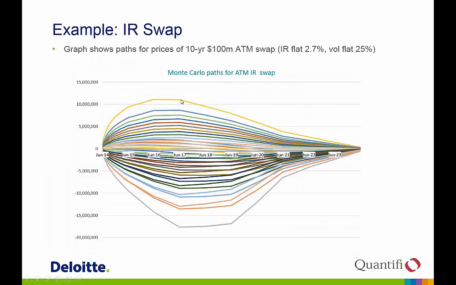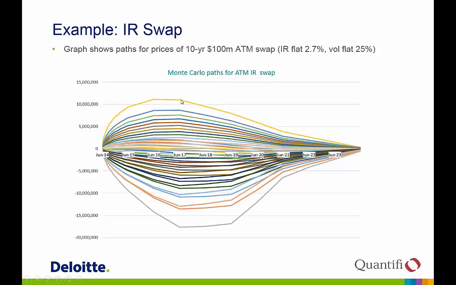This is an example for a very concrete trade. We consider a 10-year 100 million at the money swap, interest rate flat 2.7%, volatility flat 25%, and we see this as an at the money swap, so value today is 0, and value in 10 years is also 0, because when you evaluate your swap in 10 years there will be no future cash flows, so it comes to 0.